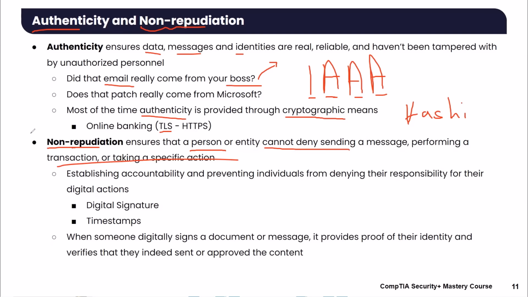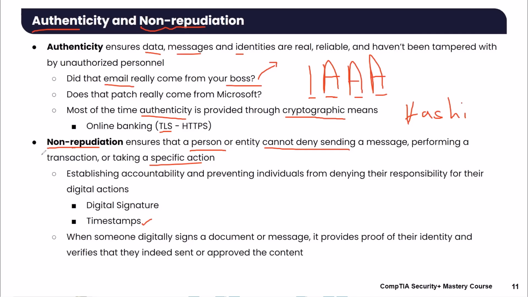If you did send that message, we can prove you are the one who sent it. You cannot deny it because there is proof, some kind of timestamp, a way for us to prove you are the one that performed that action.